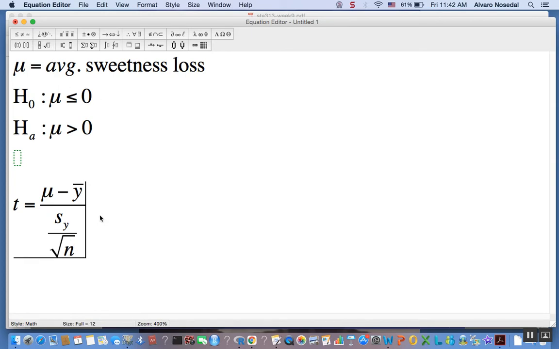What we want is to find the posterior probability of the null hypothesis, meaning that probability given the data. So what we have to do is standardize, because then we're going to be able to use tables or R functions that have to do with a standard t.